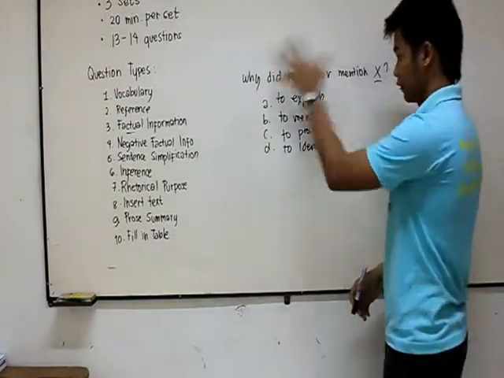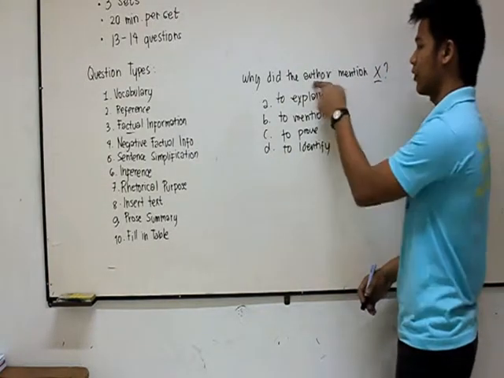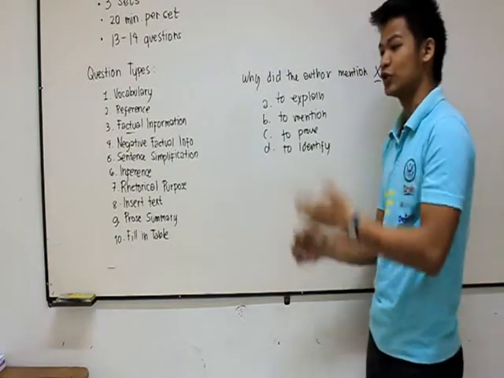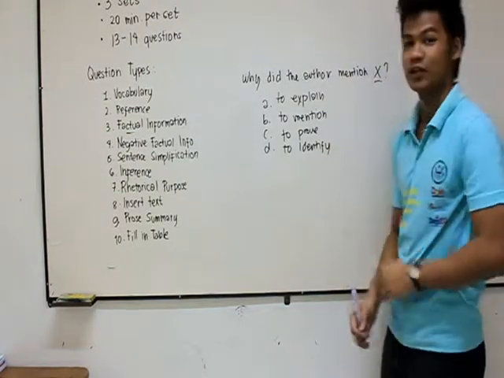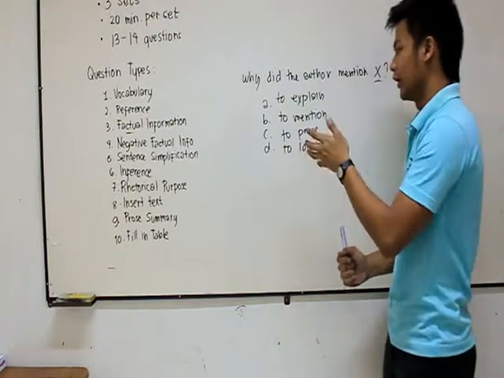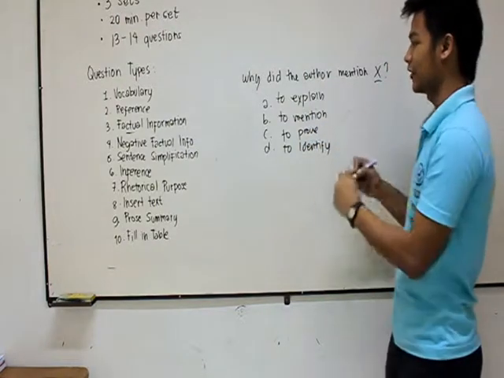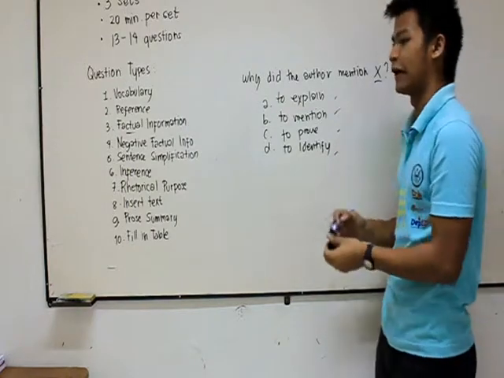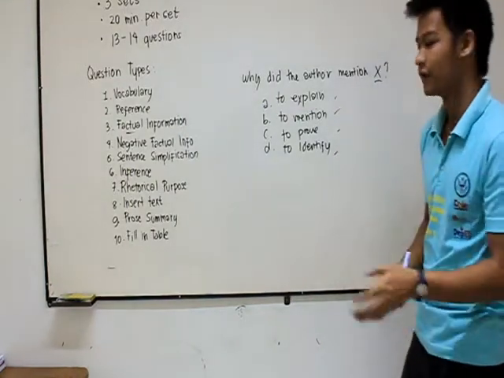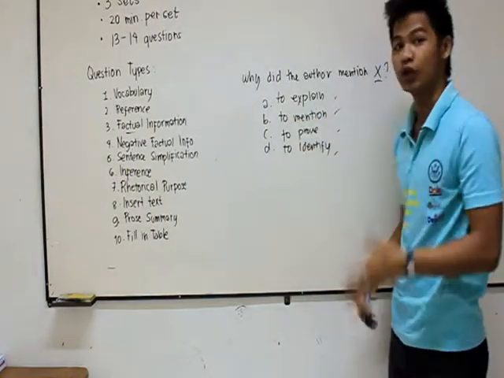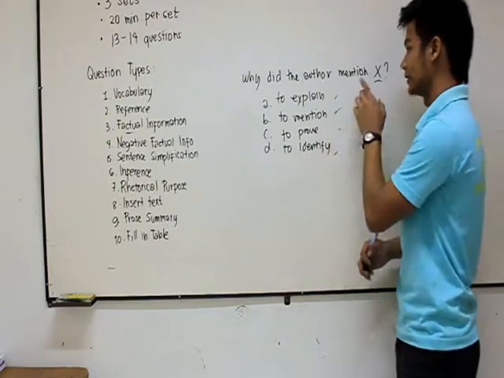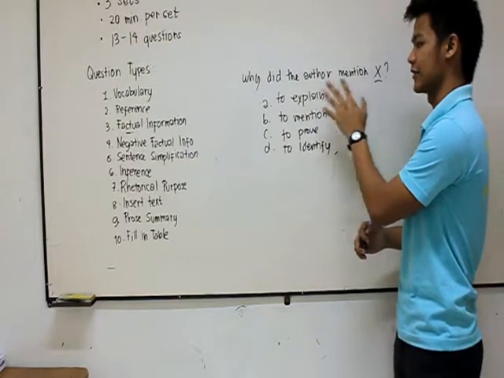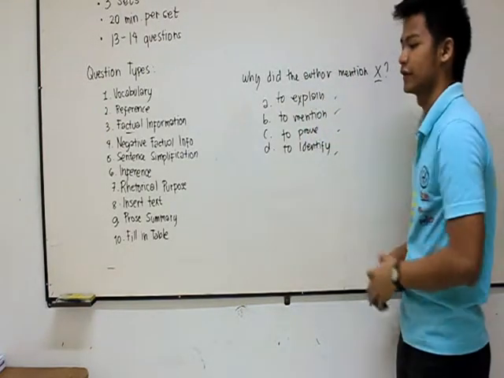What is the purpose of the author in mentioning a specific word? To answer this one, you need to understand how it is being used in the passage. For example, is it being stated there to explain, to mention, to prove, to identify? Even just reading the verbs here, you will know that the purpose of the word there is to explain, to mention, to prove, or to identify.